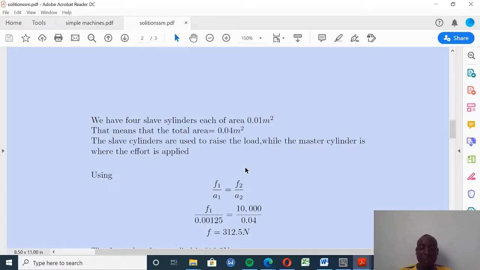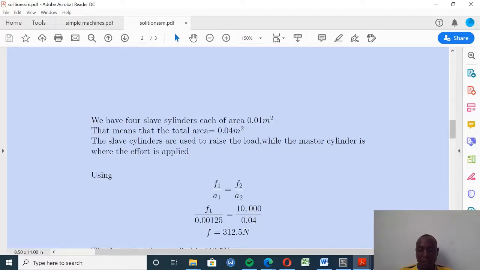After that, we use our principle: force 1 over area 1 is equal to force 2 over area 2. In other words, the force applied on the master cylinder divided by the area of the master cylinder is equivalent to the force that is lifted up, in this case the weight of the car divided by the total area of the 4 cylinders, which is 0.04.